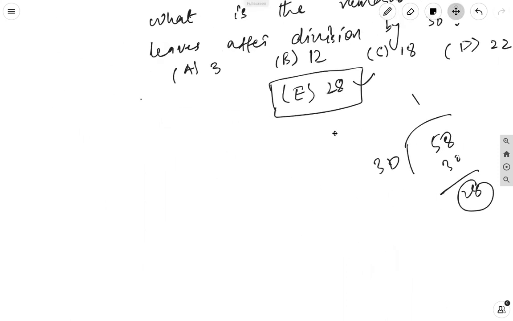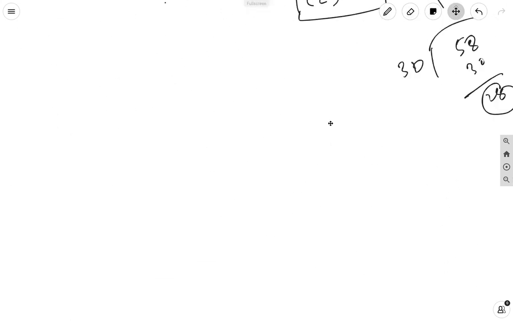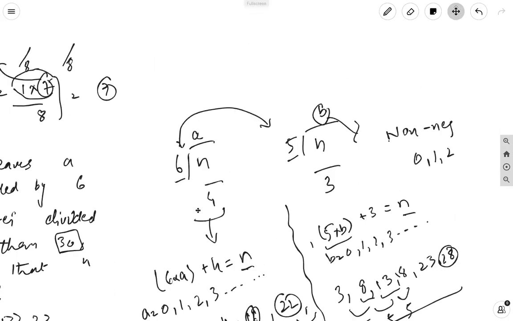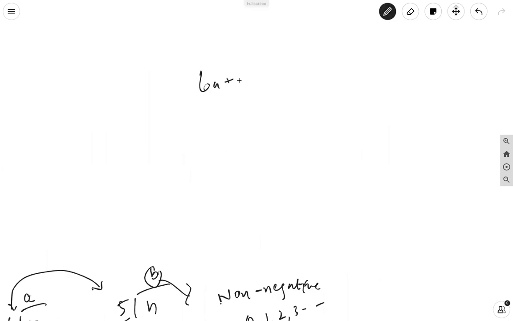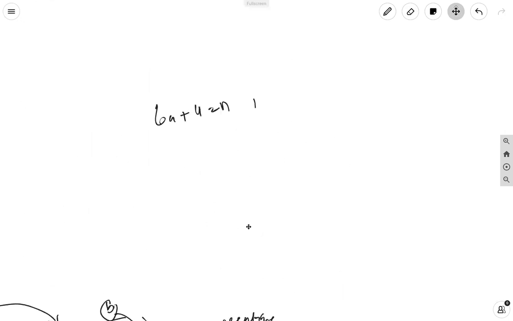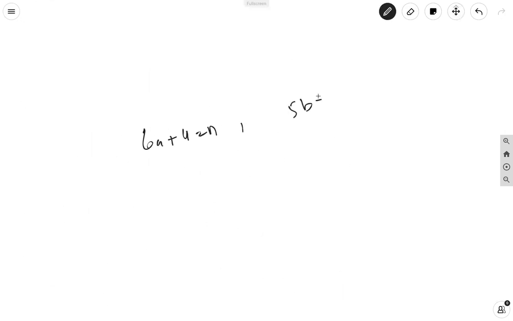There is one more way. We have two equations: 6a plus 4 is equal to n, and the other is 5b plus 3 is equal to n. As we know that the right side of both are equal, both we have n. If we use the even and odd concept here, this is even and this is also even, because even times any integer is also even.